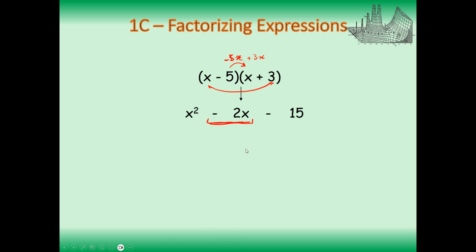So when you have to factorize this expression, you are looking for the factors of minus 15 that add up to minus 2. So minus 15 is the product of two terms, let's call them a and b, the numbers that we put inside, and this is the sum. The sum of a and b is minus 2.